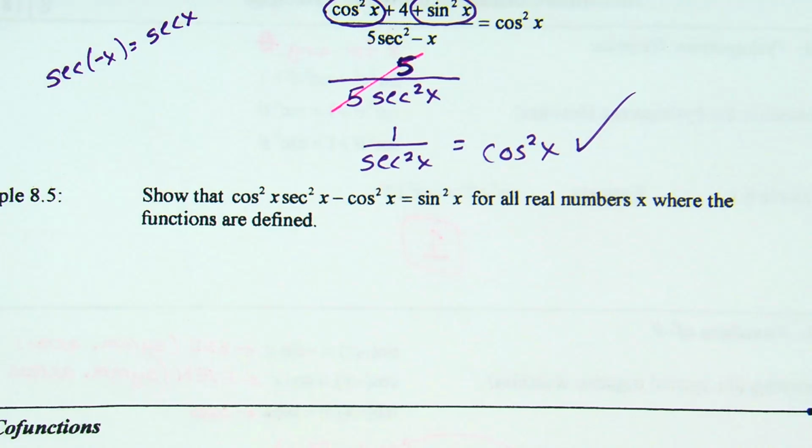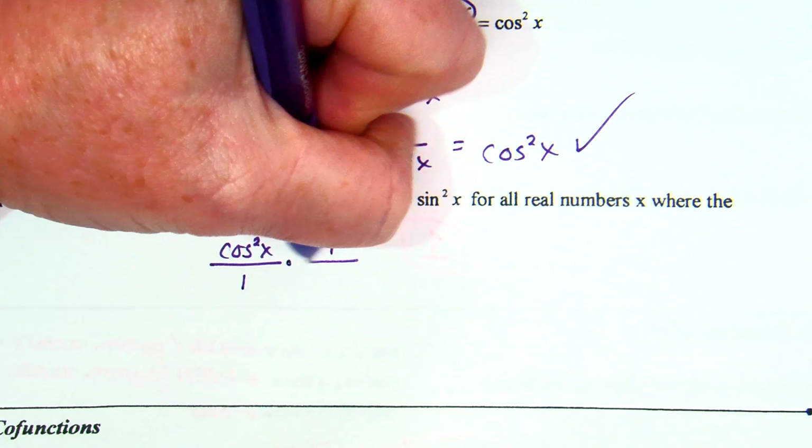Yeah, officially they'll cancel each other out. The way I would show it is that cosine squared x as a fraction is cosine squared x over 1. What do you know about secant squared? It's the reciprocal of cosine, so it's 1 over cosine squared x. Okay, and then it's still minus cosine squared x after that.